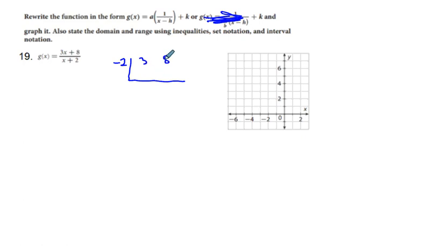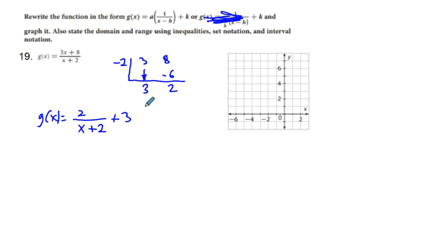So we're going to bring this down. 3. Negative 2 times 3 is negative 6. So we get 2. So g of x is equal to 2 over x plus 2 plus 3.